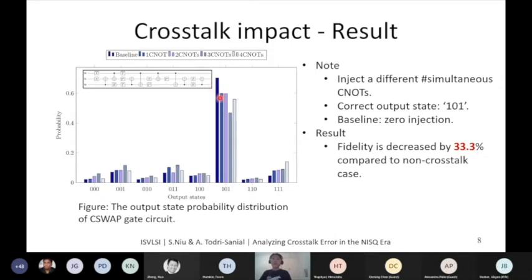According to the results, the probability of obtaining the correct output is reduced as the number of simultaneous CNOTs increases. In the worst case, the fidelity is decreased by 33% compared to the baseline. This example shows the great impact of crosstalk on the output fidelity.